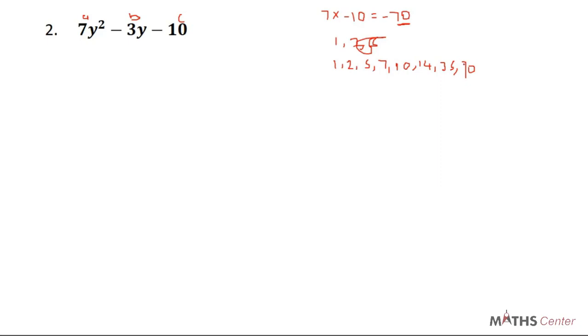Now these are the factors of 70. You can watch the video on sets and you know how to find the factors of a number. So these are the factors of 70.